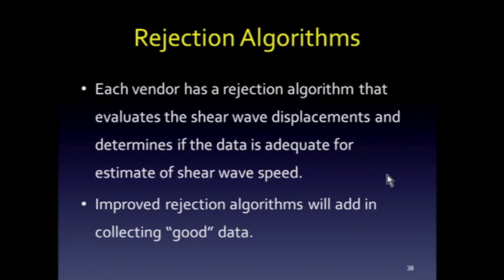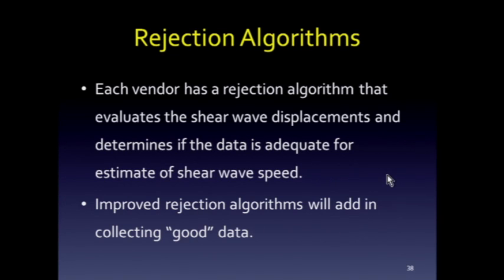Each vendor has a rejection algorithm, and I think at this point we've got first generation rejection algorithms that evaluate the displacement and determine if there's enough data to get an estimate of the shear wave speed. But I think all the vendors have realized that we can improve these algorithms to make sure that there's less noise and can reject more areas where the signals are inappropriate to give you a shear wave speed.